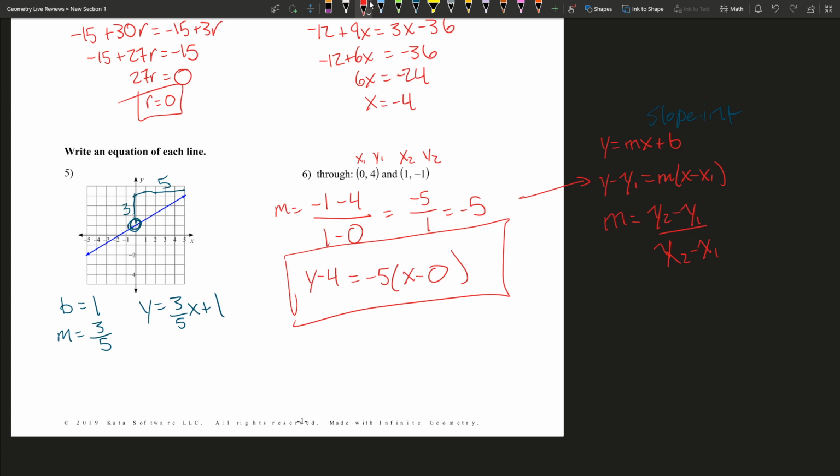So before we go further, are there any questions over the first 6, the first page?